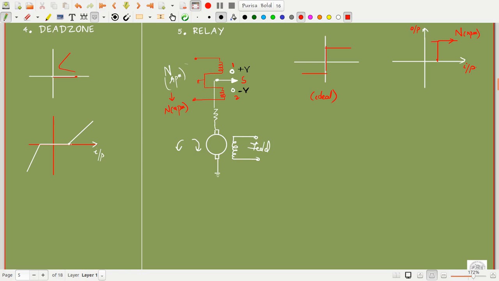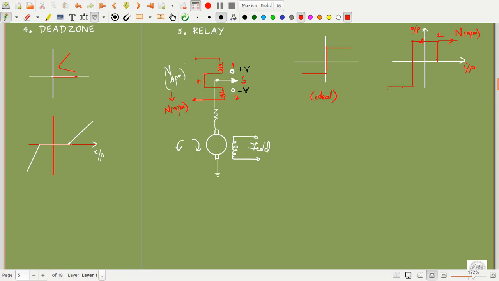Till then there won't be any switching of the switch to position 2. It will wait till it de-energizes and then energizes in the opposite direction, and then suddenly once it happens, it switches to the next position. This is position 1 and it switches to position 2.